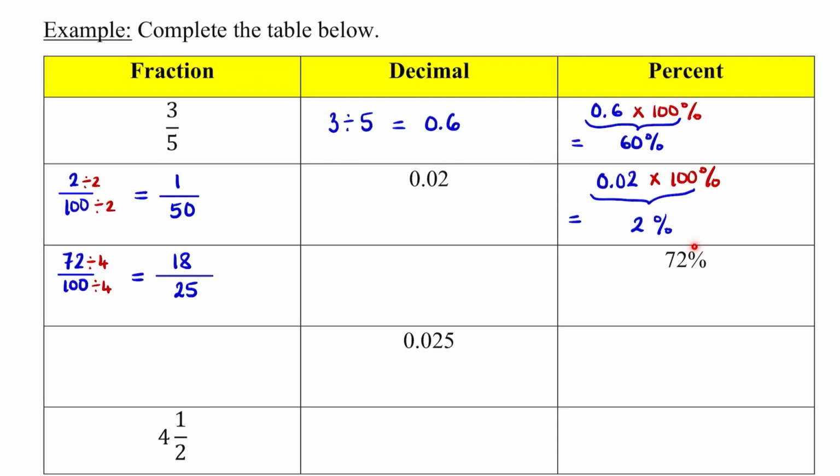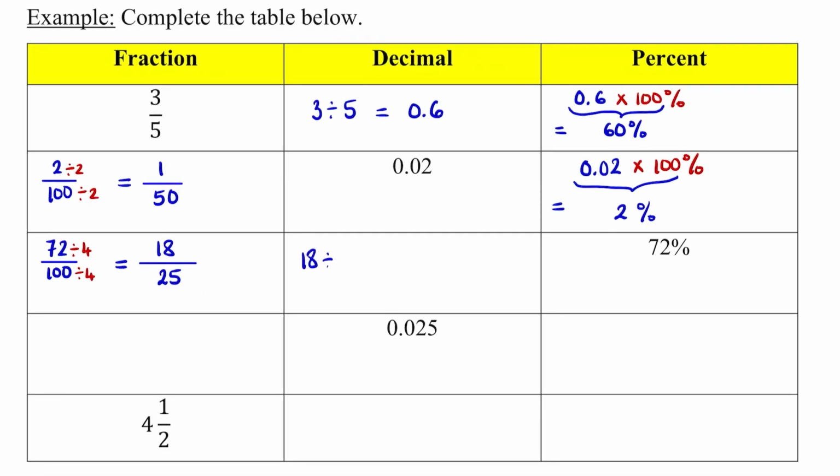In order to write 72% as a decimal, I can take 18 divided by 25, which is 0.72. Or you can also use 72% to rewrite this as a decimal.